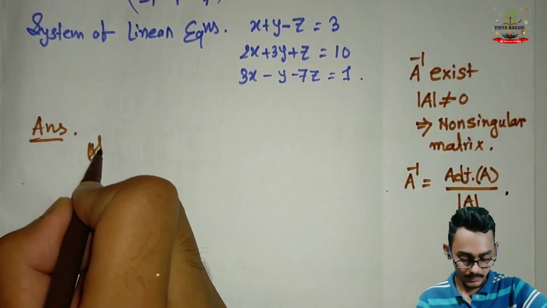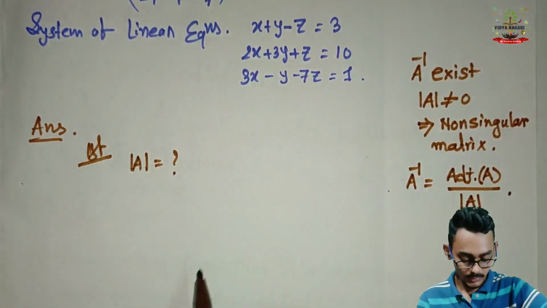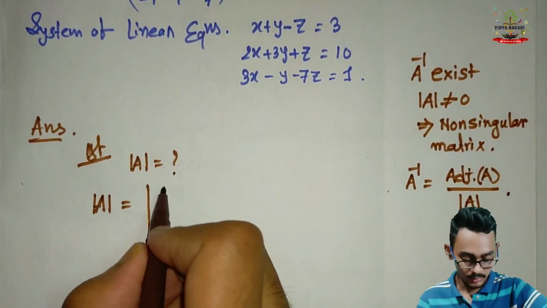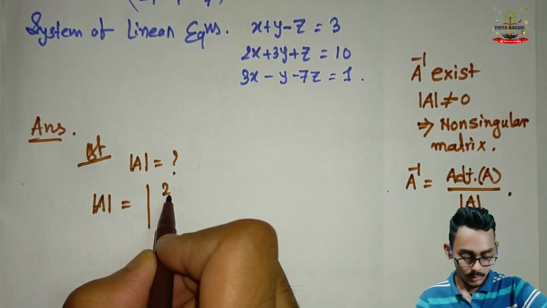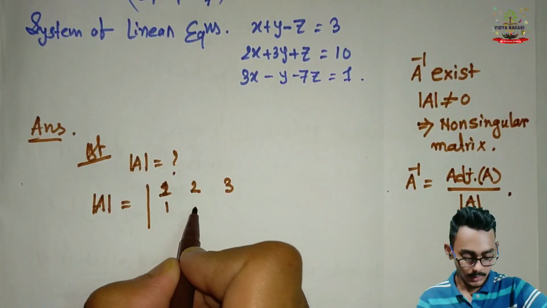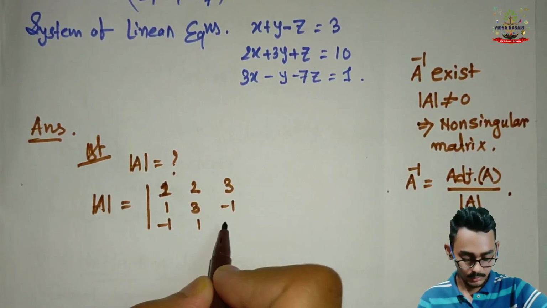At first we have to find out the determinant of A. Determinant of A equals the determinant of the elements in the matrix: 1, 2, 3, 1, 3, minus 1, minus 1, 1, minus 7.